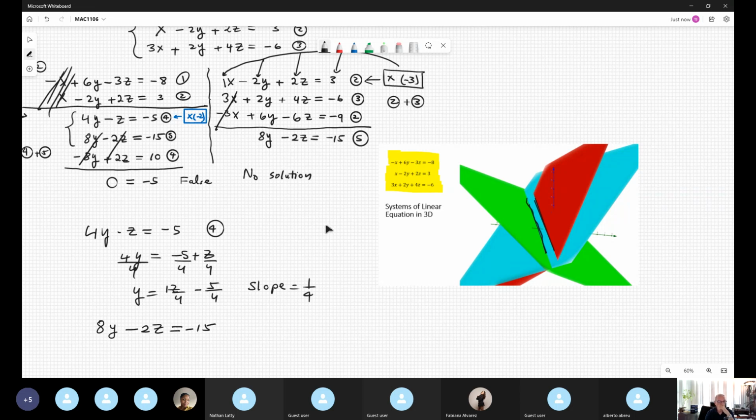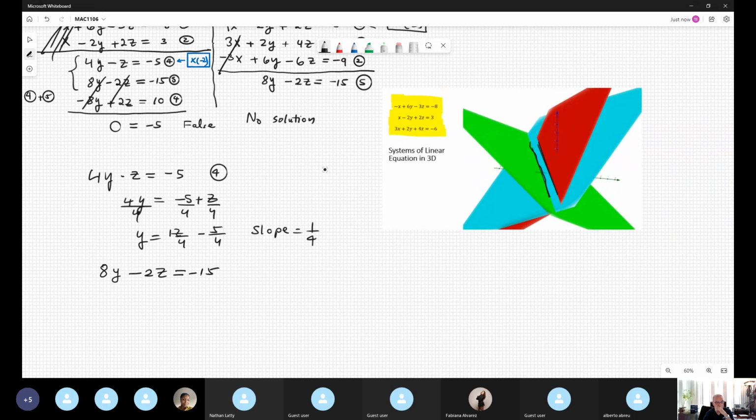Again, solve for y. ay is equal to c positive minus 15, divided by a. Y alone, reduced to lowest terms, is 2 over 8, which is 1 over 4 because 2 divided by 2 is 1 and 8 divided by 2 is 4, minus 15 over 8.